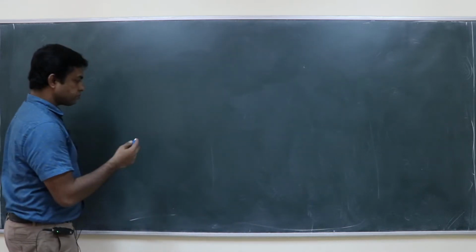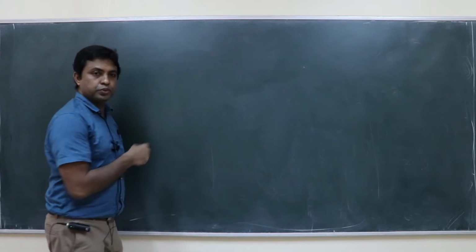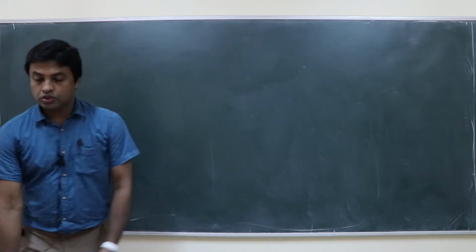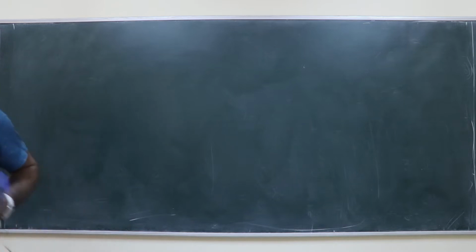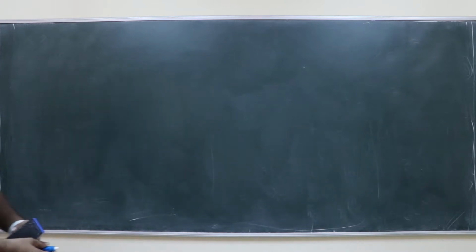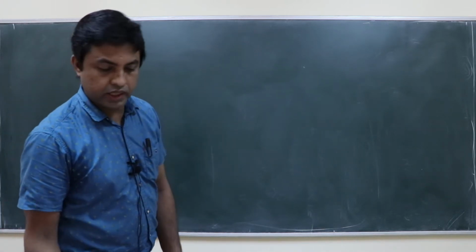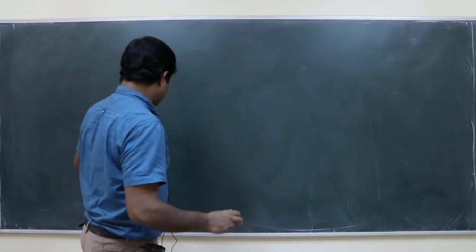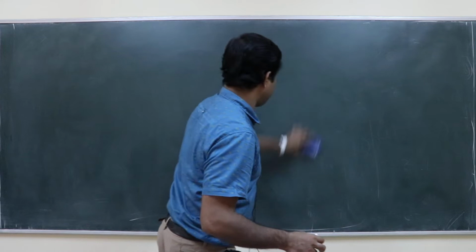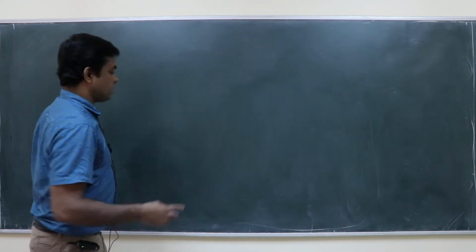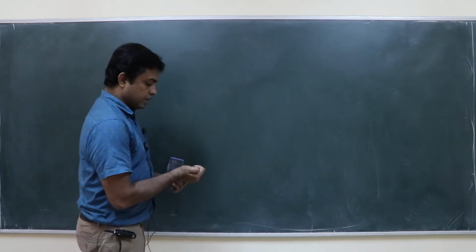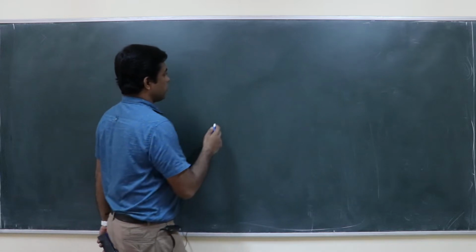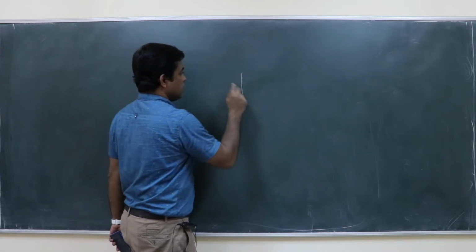Basically, there are certain kinds of special functions. You will be knowing those special functions, and I will be teaching them a little later. These orthogonal polynomials are part of special functions. Right now, let us understand certain properties of these orthogonal polynomials.